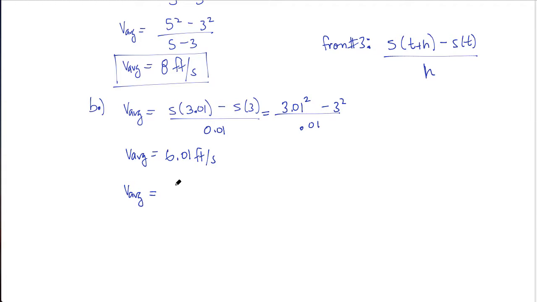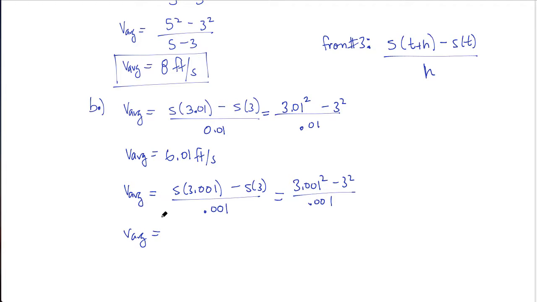I'm going to use an even smaller interval. So I'm going to do s of 3.001 minus s of 3 all over my new h of 0.001. So that'll just be 3.001 squared minus 3 squared over 0.001. So my average velocity here is going to be 6.001 feet per second.